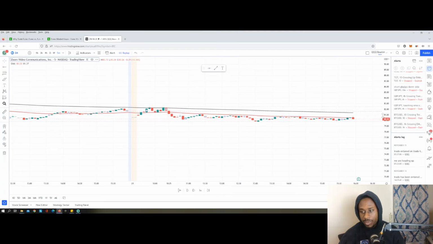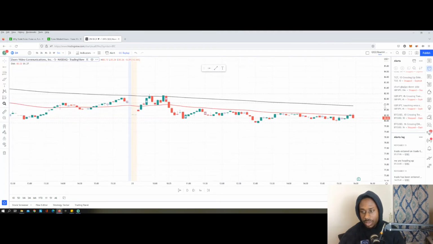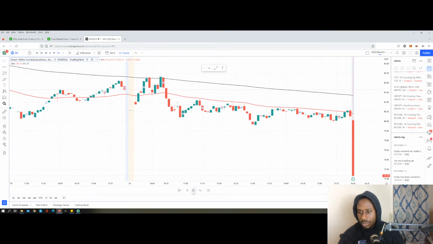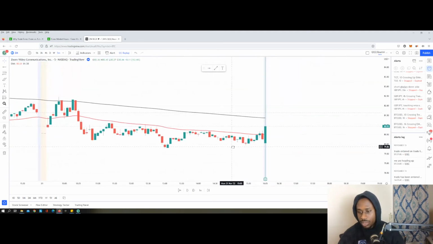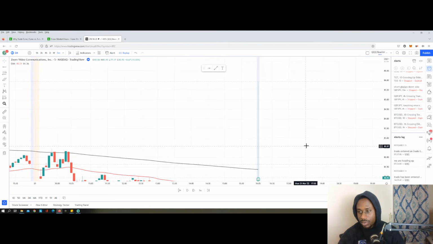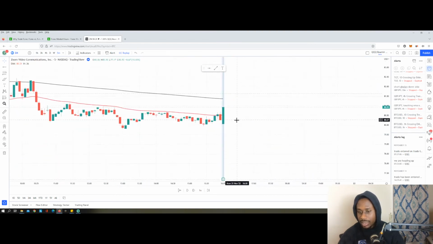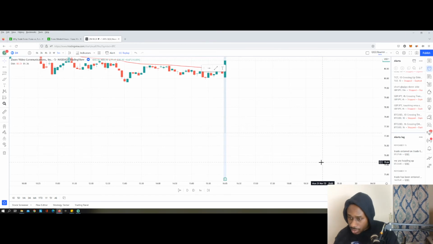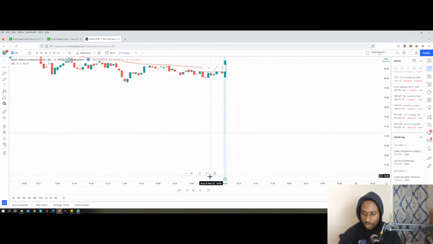Okay, so look at this now. Coming into earnings, we had Zoom, huge candle, huh? We had Zoom spike up to what? 86. Spike up to 86, and then it spiked down to around 77.10 or thereabouts.